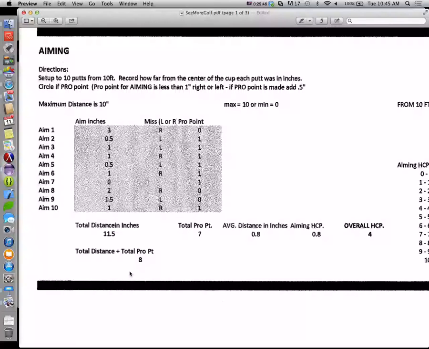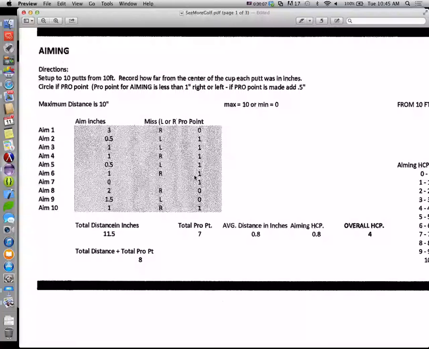Or is it add 0.5 and then round it to the nearest? Yeah, but it's add 0.5 what? Well, this says if pro point is made at 0.5 inches.